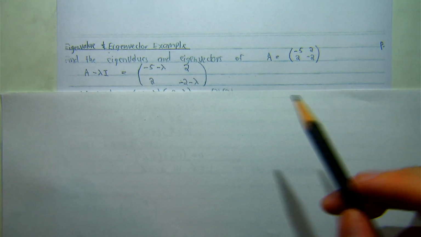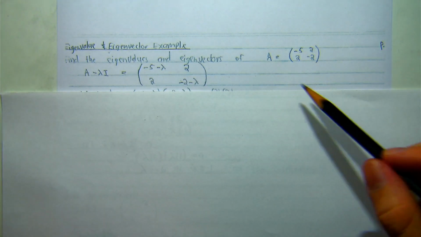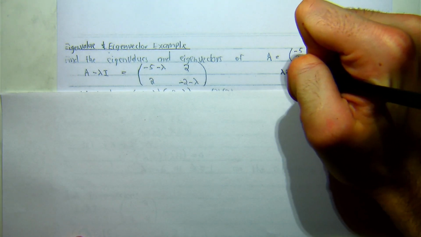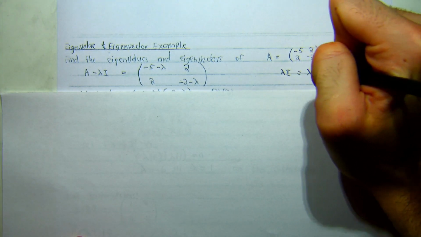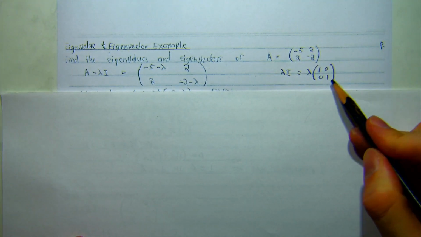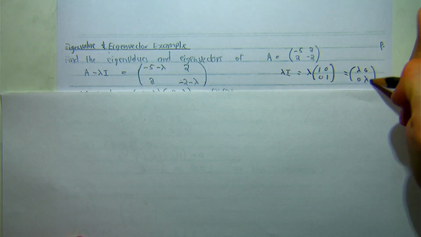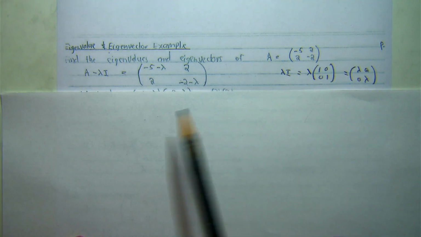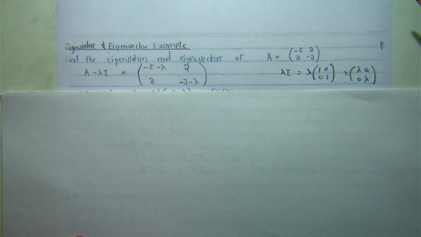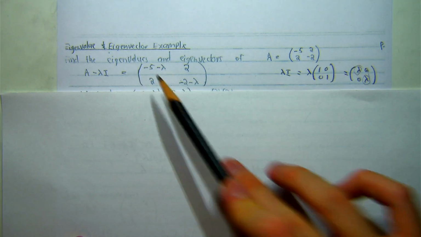Lambda I is just lambda multiplied by the identity matrix, which is this. So when we have A minus lambda I, what we're really doing is just subtracting lambda from the diagonal here.